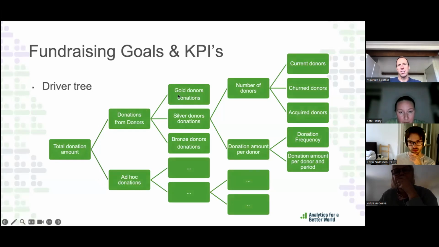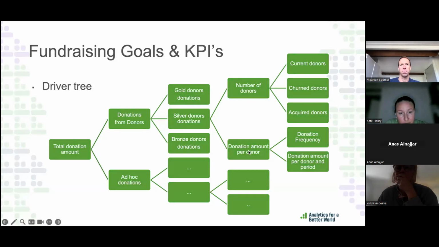Maybe within these donors, this is basically in marketing what we would call a product segmentation or a customer segmentation, we can distinguish types of donors like gold donors who give bigger donations, silver donors, bronze donors. And for each of these groups of donors, we could split out further. Our donation amount is determined by the number of donors we're having and the donation amount per donor.